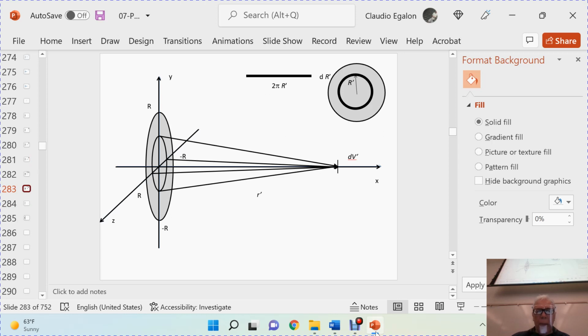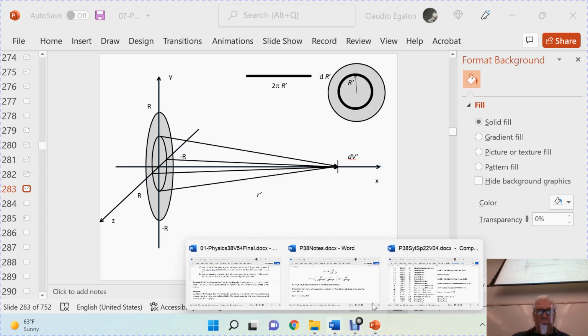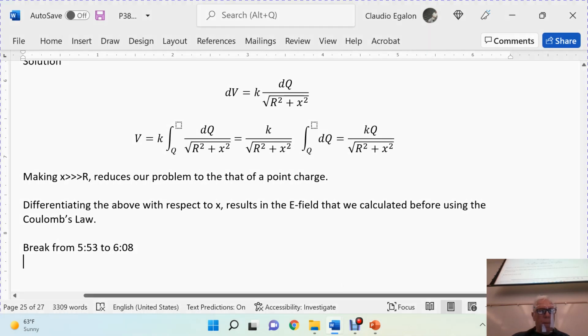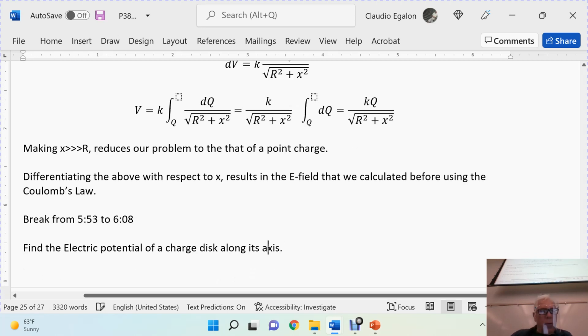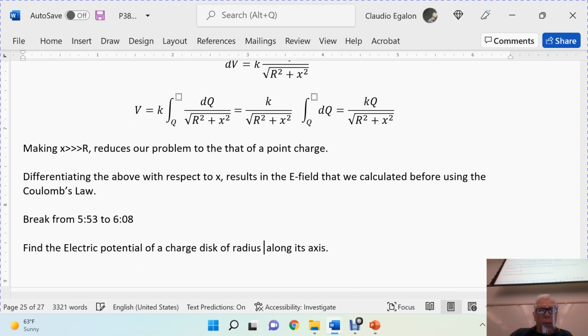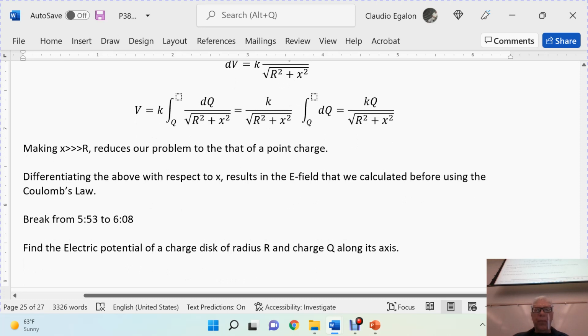Okay, so now let's go ahead and write down our solution. Find the electric potential of a charged disk of radius r and charge q along its axis.